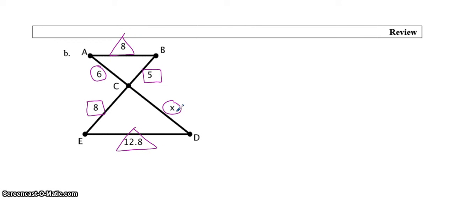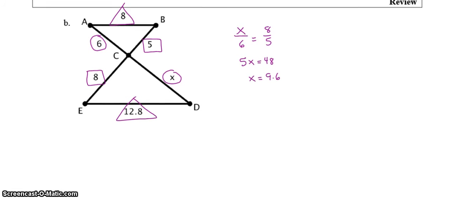So we just have to solve for X in this question. So we have X over 6 equals 8 over 5. Cross multiply. 5x equals 48. And dividing both sides by 5, you get 9.6. And that's it for that question.